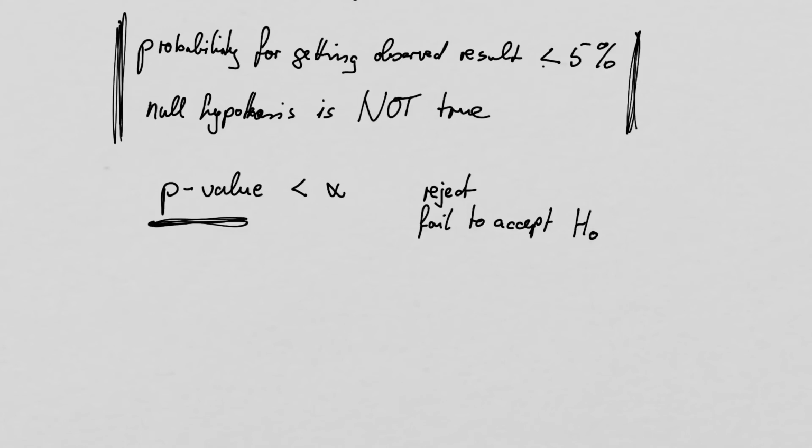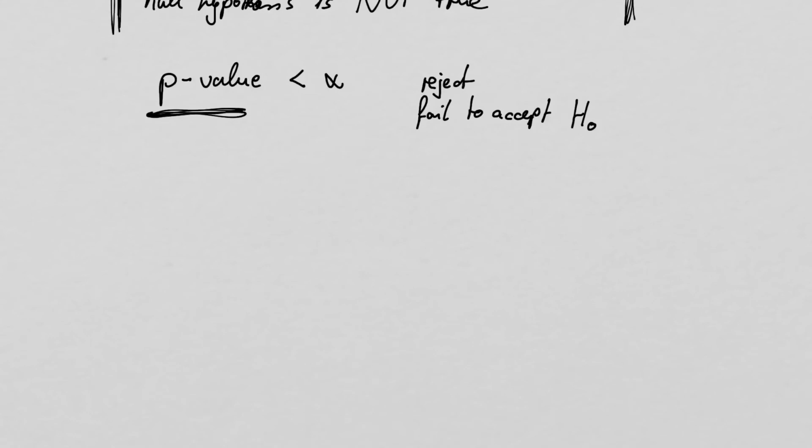Is the evidence, are the data strong enough to say that our null hypothesis is true, to accept the null hypothesis, or should we rather accept the alternative hypothesis? So the p-value is only a decision tool, and we can only use the evidence that is provided in our data.